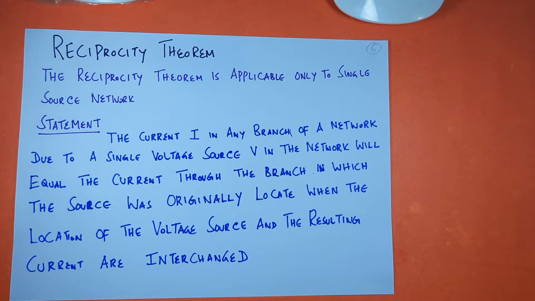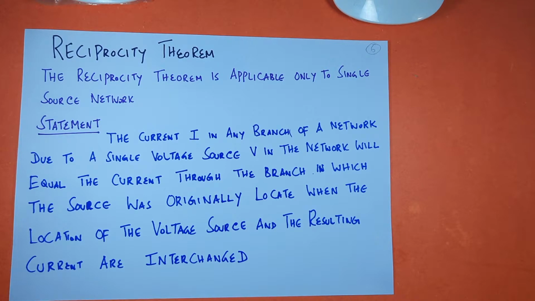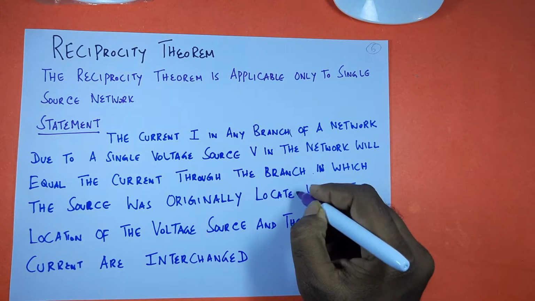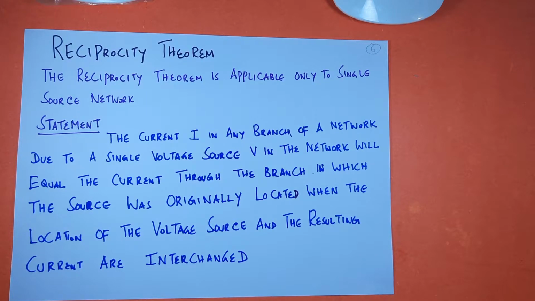The current I in any branch of a network due to a single voltage source V in the network will equal the current through the branch in which the source was originally located, when the location of the voltage source and the resulting current are interchanged. So this is the statement of reciprocity theorem.